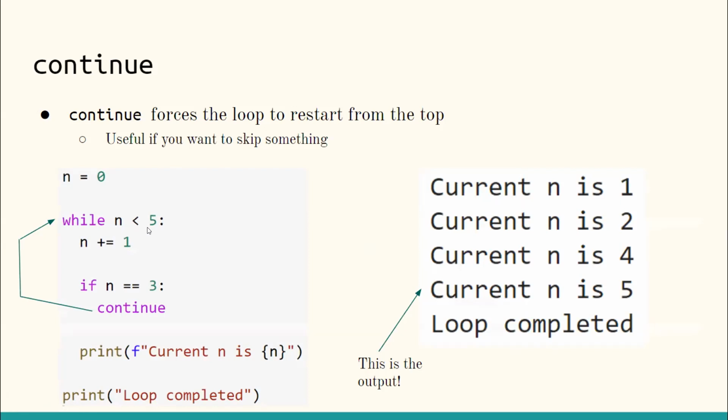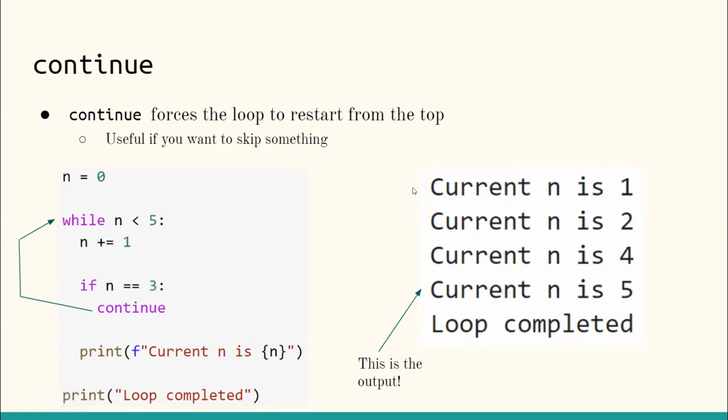While n is smaller than 5, we increment n by 1, and we also check if n is equal to 3. While n is equal to 1 and n is equal to 2, this if statement will be false. So we won't reach the continue keyword, and we'll print out the current value of n.